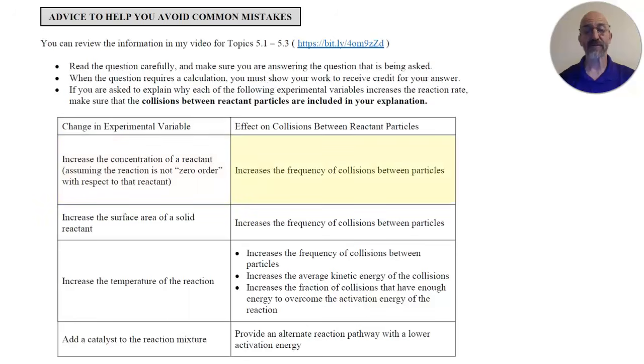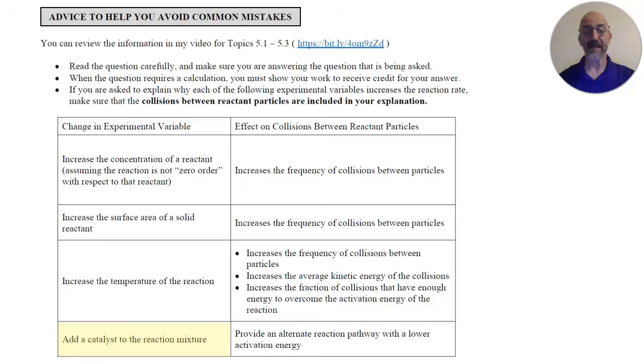Mention that it increases the frequency of the collisions between the reactant particles. If you increase the surface area of a solid reactant, again, you are increasing the frequency of the collisions between the reactant particles. If you increase the temperature of the reaction, well, you're going to increase the frequency of the collisions, the average kinetic energy of the collisions, and you increase the fraction of collisions that have enough energy to overcome the activation energy of the reaction.